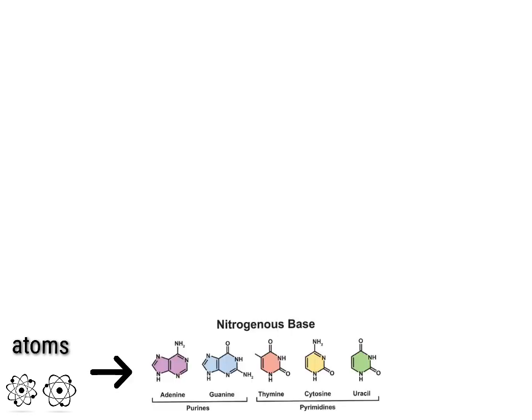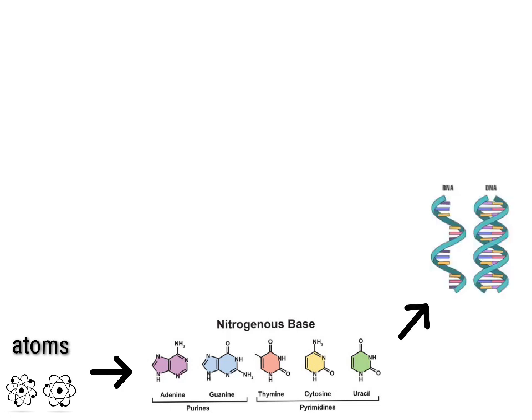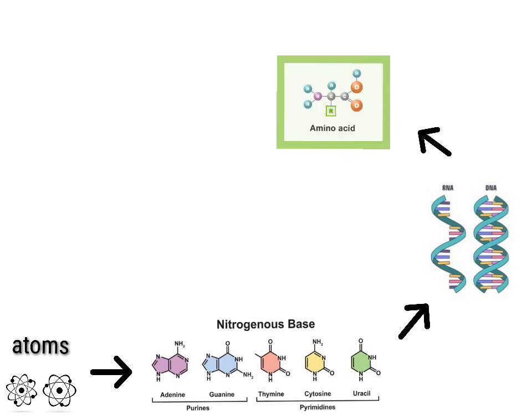So atoms are the building blocks of purines and pyrimidines. Now, purines and pyrimidines in turn are the building blocks of the nucleic acids, DNA and RNA, which are deoxyribonucleic acid and ribonucleic acid. DNA and RNA in turn are the building blocks of amino acids.